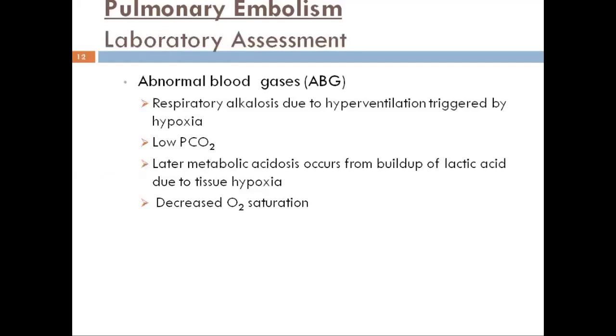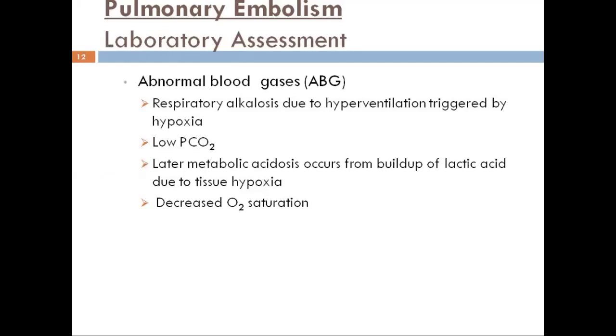And then, what are some laboratory assessments that can be done? Laboratory assessments. One, it's abnormal blood gases, ABG, right? Respiratory alkalosis will occur due to hyperventilation triggered by the hypoxia. Right?